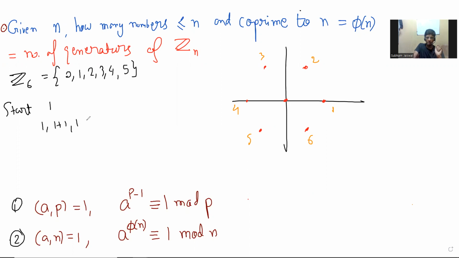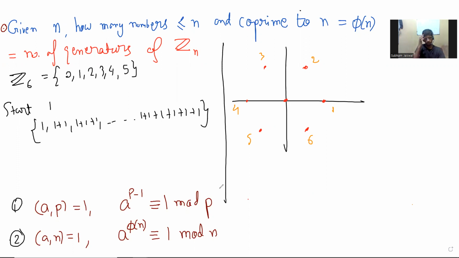1 plus 1 plus 1, and like this, you get everything, and you get 0 also in the end, right? So before I say this, let me first say how these sets are similar arithmetically.